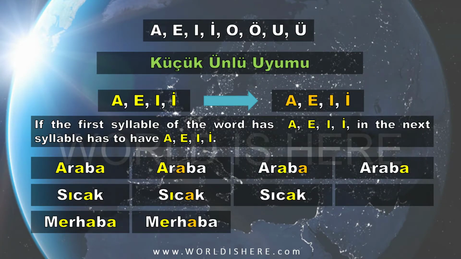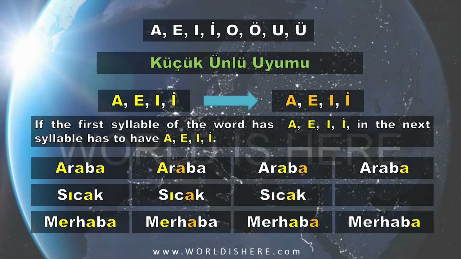And after e has to be a, ı. And the second vowel is a. Okay. So right now I am looking only at the second vowel. And I have a. After a has to be a, ı. Right? I'm checking and okay. So here, small harmony of vowels is working, right? Küçük ünlü uyumu is working.